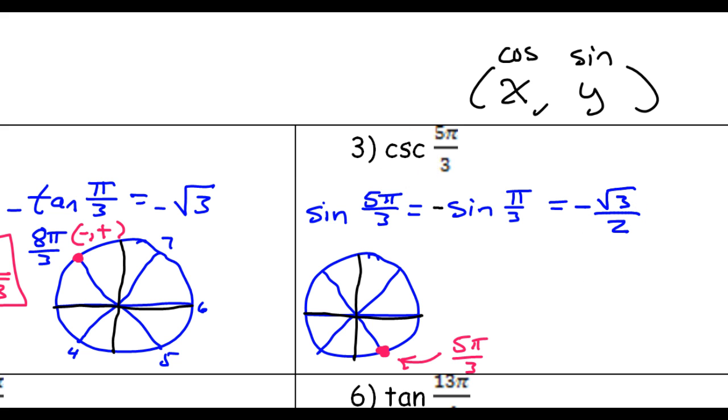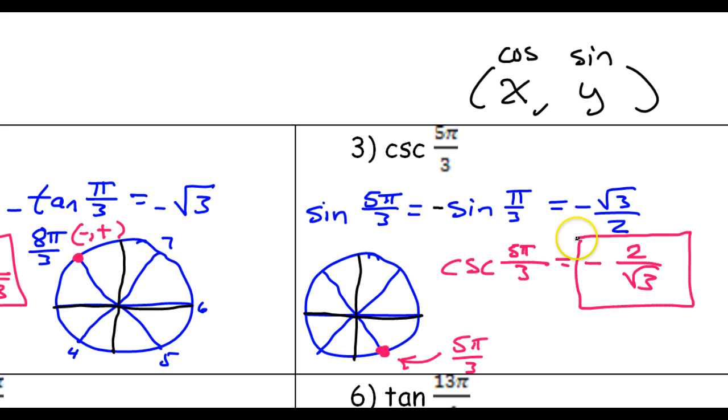Alright, but this is not the answer because we really want the cosecant of 5 pi over 3. The cosecant of 5 pi over 3 will be the reciprocal of this. So that's going to be negative 2 over radical 3. So that is the answer.